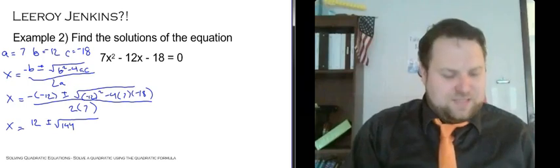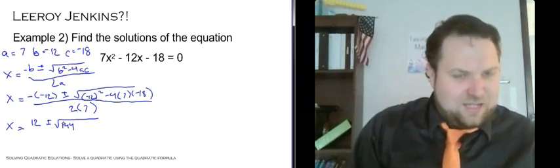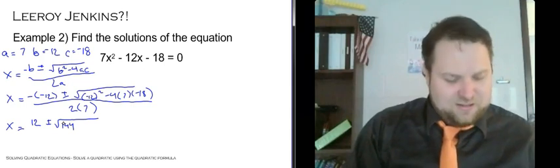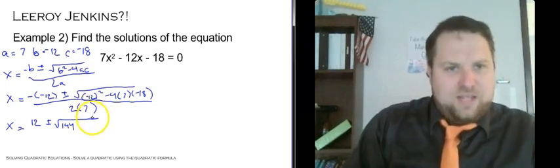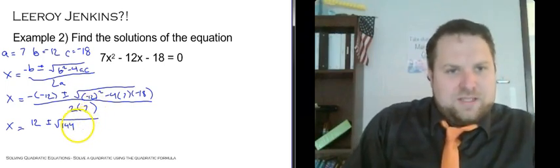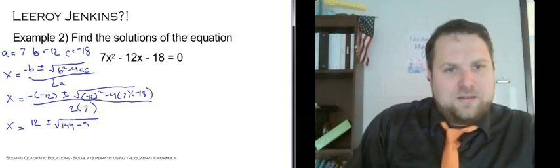Negative 4 times 7 times negative 18 is a great problem for a calculator, so I will run that through a calculator, and I get 504. So I'd say plus 504. Negative times a negative is positive 504.